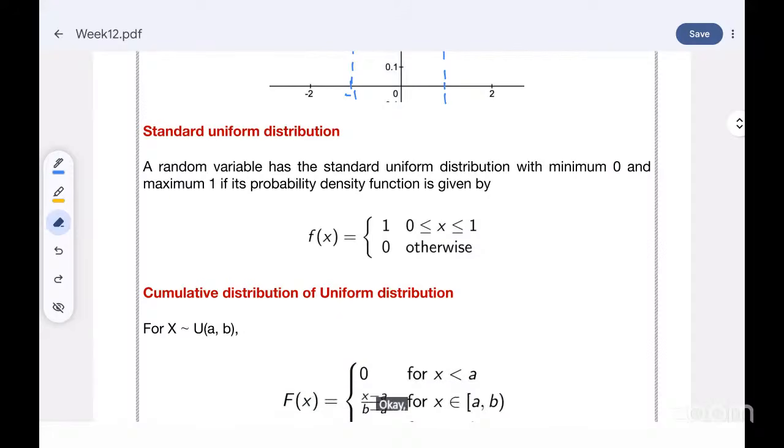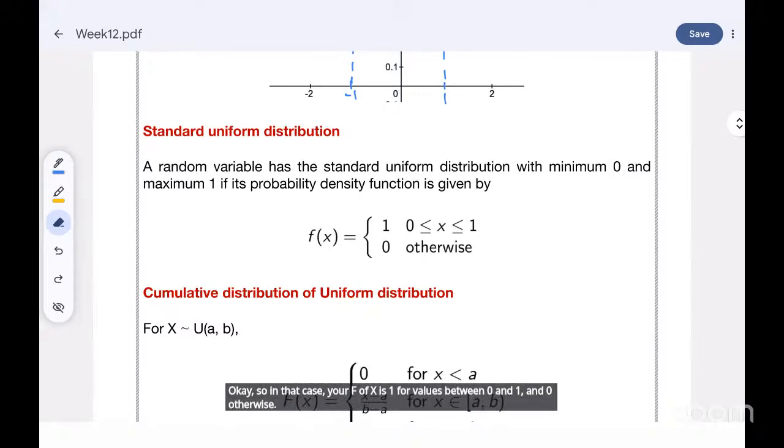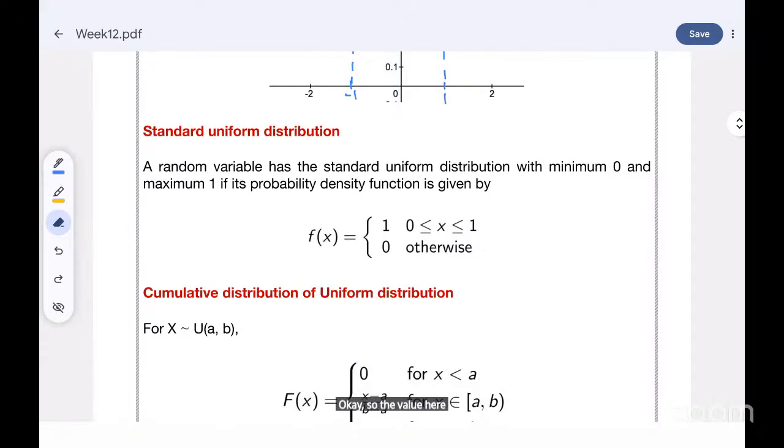In that case, your f of x is 1 for values between 0 and 1 and 0 otherwise. So the value b minus a is 1 and hence this value is also 1.